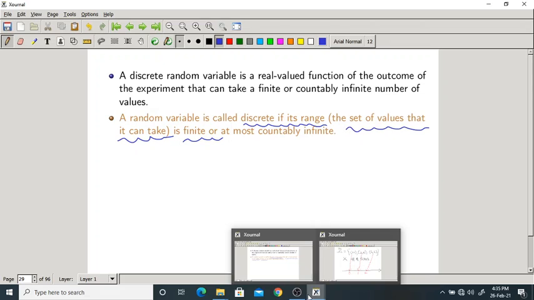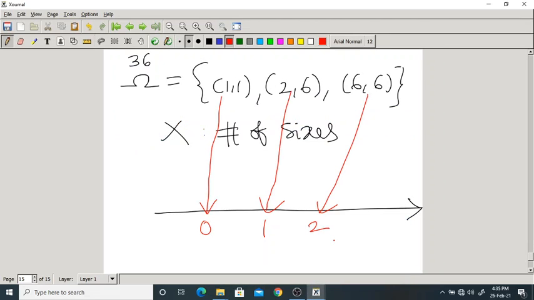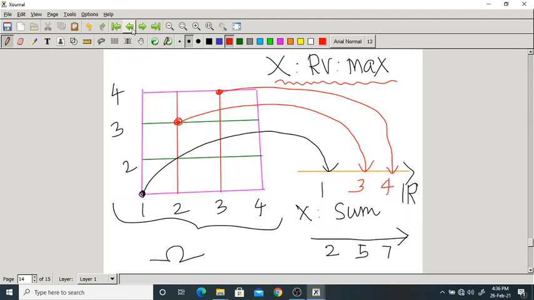If the range of the random variable is finite, it is called discrete. What is the range of this x? X is a random variable. Its range is 0 to 2. So the range is finite, which is why it's called a discrete random variable. In the previous example, the range is 1 to 4: 1, 2, 3, 4.